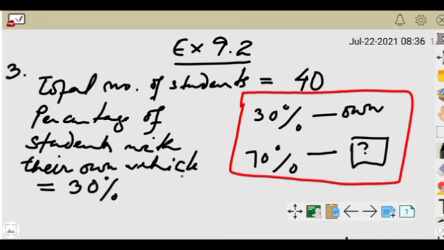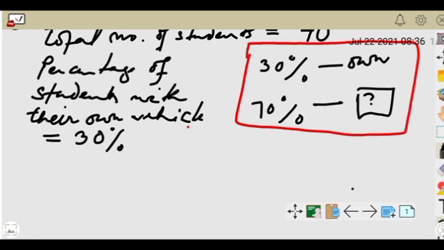So first let us find how many of them. They give it in terms of percentage, but now let us find the actual number of students who come to school with own vehicles. Okay, I'll continue now.